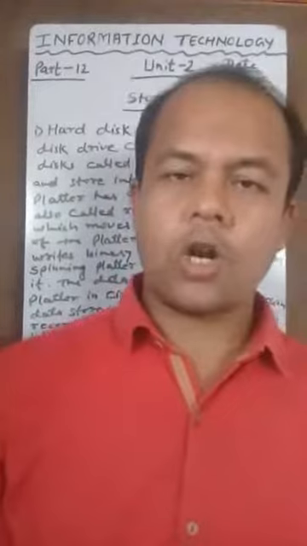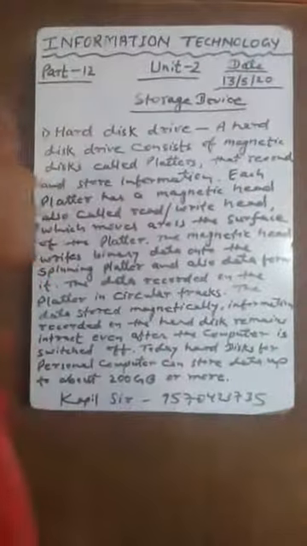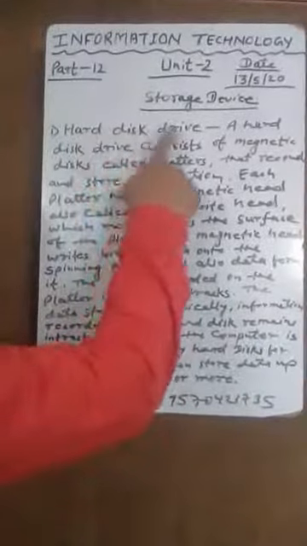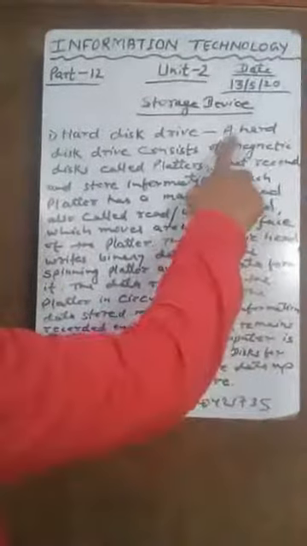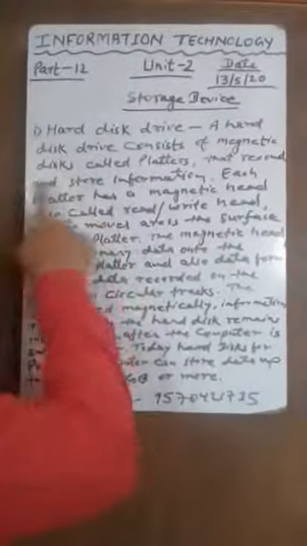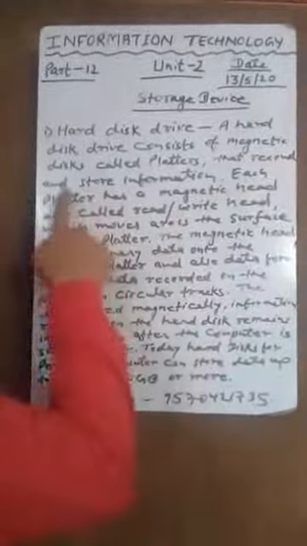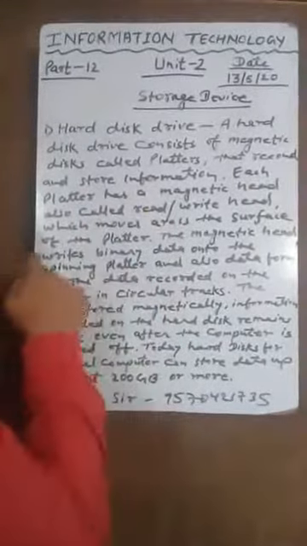Our topic is hard disks, HDD. A hard disk drive consists of magnetic disks called platters that record and store information.